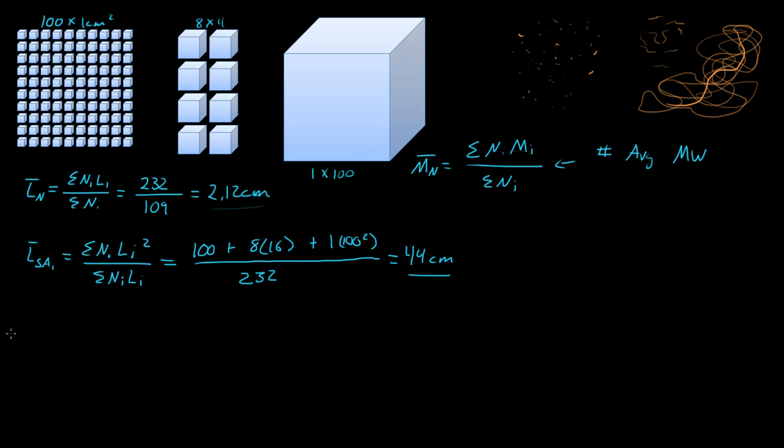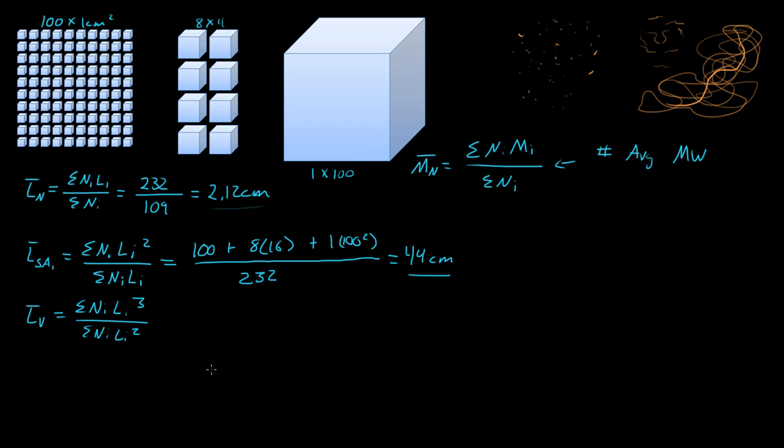And we can even go on to find the volume length average, which would just be the summation of the number of cubes that have length Li cubed, all divided by the summation of Ni Li squared. And that would give us the volume length. So this would be important if you wanted to put these all in a giant box.